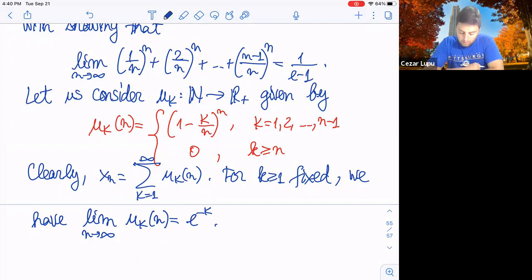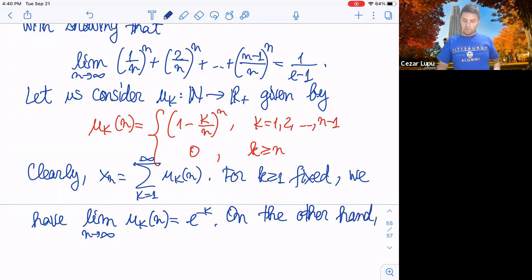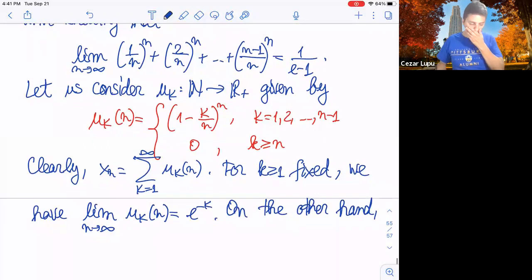But on the other hand, we want an inequality for something that will dominate.